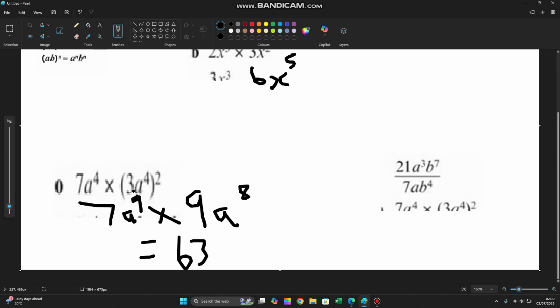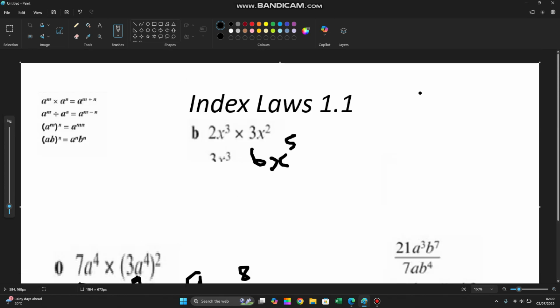And then we have a to the 4. I know that looks like 9, sorry, it's 4 here. A to the 4 times a to the 8, the same base. So we can multiply these together, add the powers, so we get 63a to the 12 as our final answer. There we go.